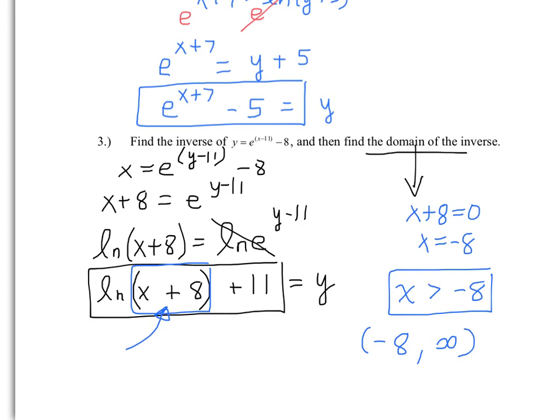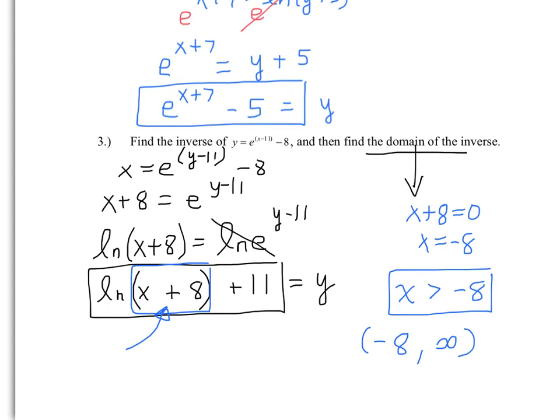Again, can't log 0, can't log negatives. So if you were to plug in something like negative 7, adding 8 to that would make it positive. If you were to plug in negative 6, negative 5, and so on, that would make it a positive value. But anything less than negative 8 plugged in for x would give you a problem with your domain.